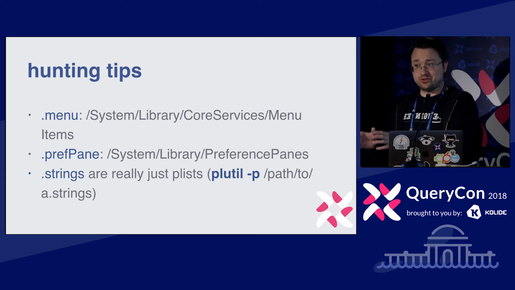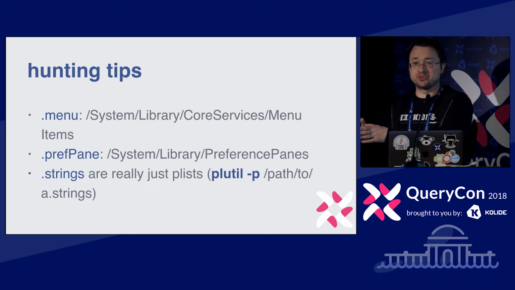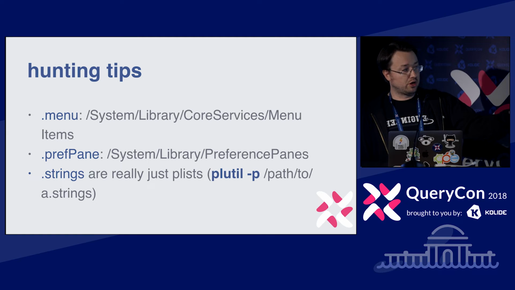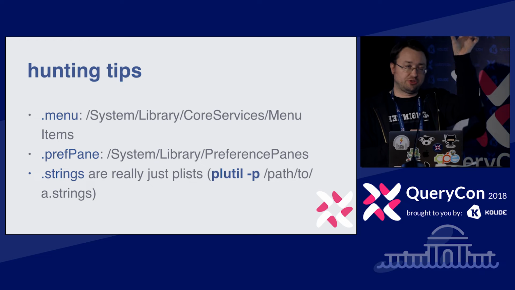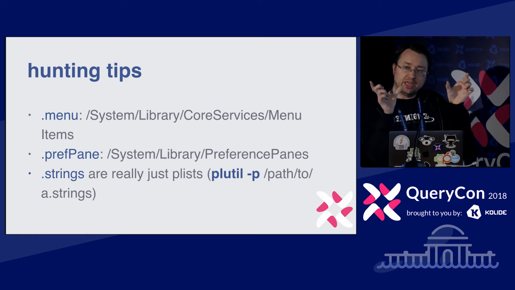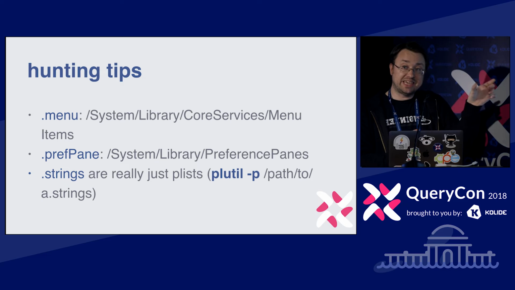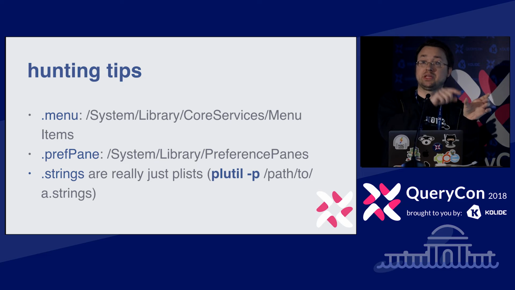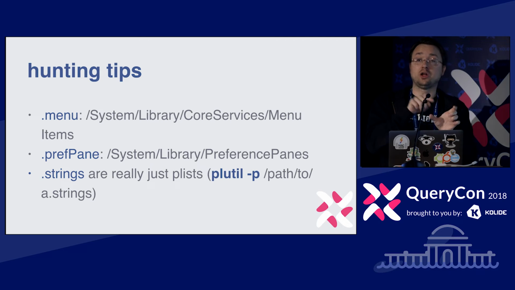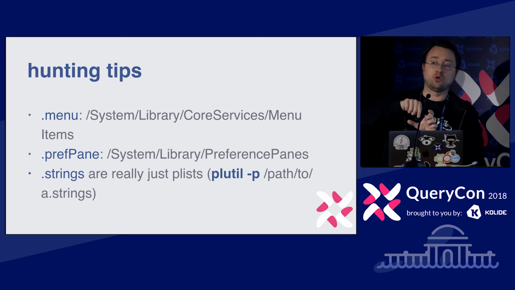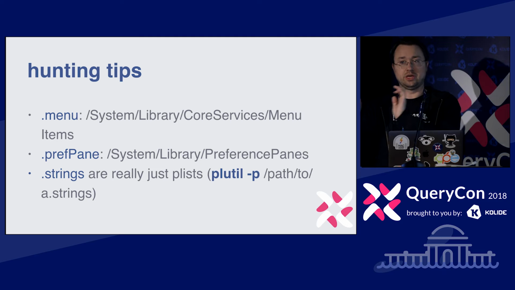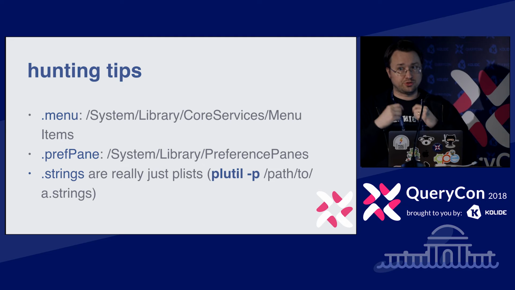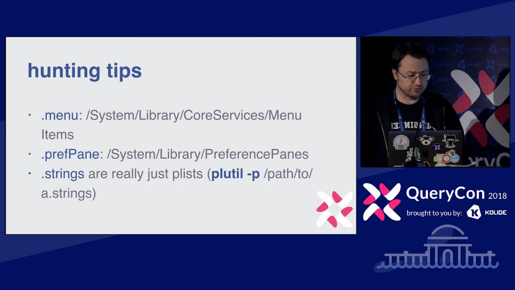The localized version is over here in one of these strings files, and you'll run plutil against that file, and it's just a big key value list. You'll have the English value, and the name of the key is your next stage in the hunt, because the name of the key will be constant across all the languages, across all the strings files. So when you search for the name of the key instead of the English version of the string, that'll take you closer to the code, which is what you're looking for.